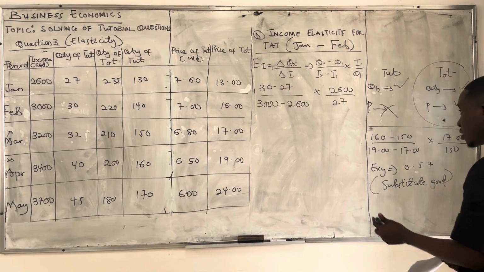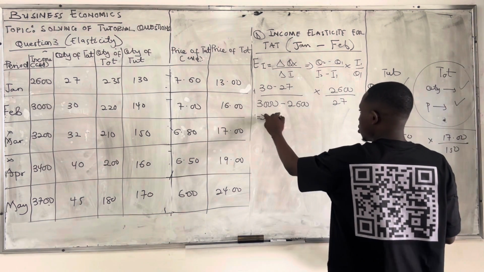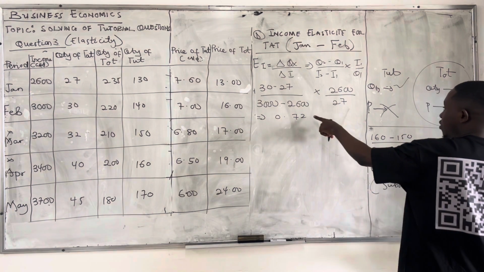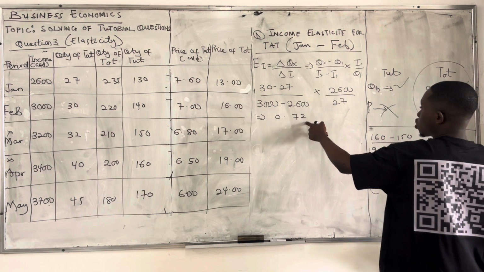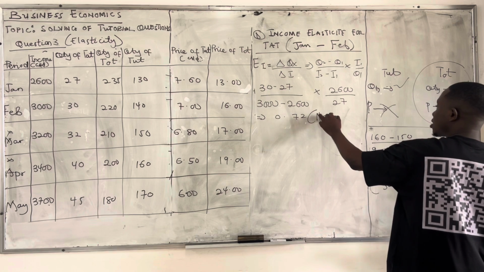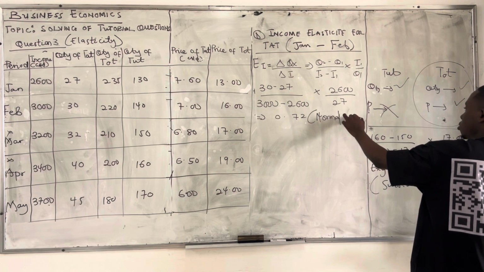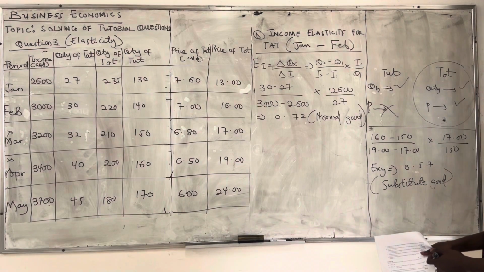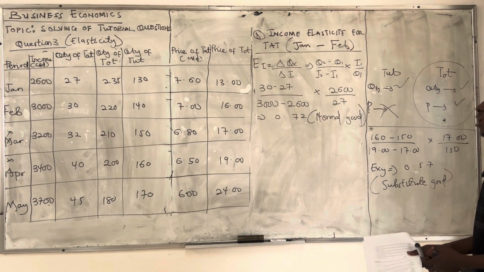I have 0.72. Now, this is greater than 0. Moreover, it's also positive. So it's a normal good. If it's negative or less than 0, then it's an inferior good. So that's how we solve the table type of elasticity.